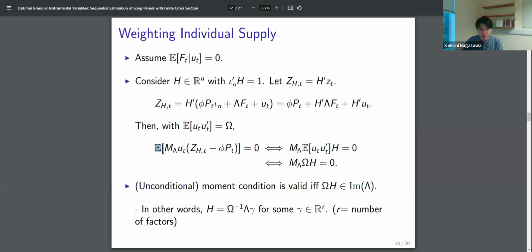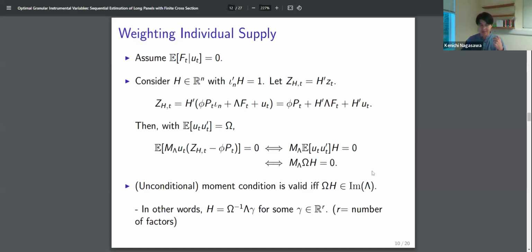So this moment condition holds if and only if this condition holds, where M lambda is given because we know what lambda is, omega is the covariance matrix of the idiosyncratic shocks, and H is something that we want to pick. To phrase it another way, this unconditional moment condition holds if and only if the covariance matrix of idiosyncratic shocks multiplied by this weight vector H lies in the span of the factor loadings, because M lambda is orthogonal to the span of lambda.